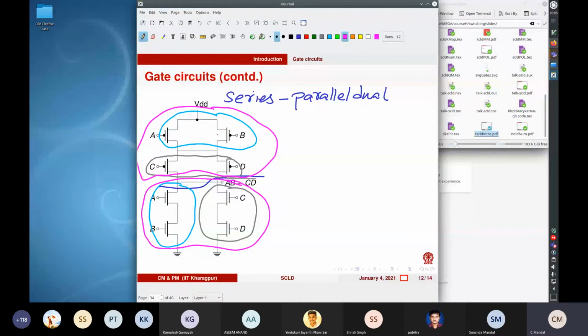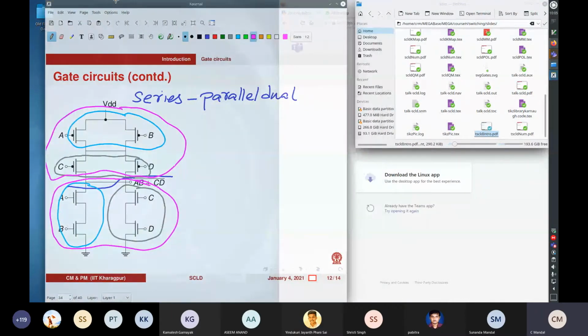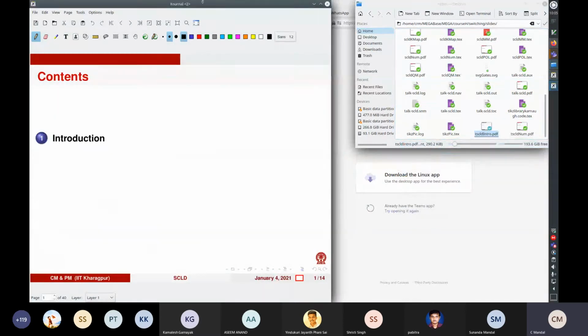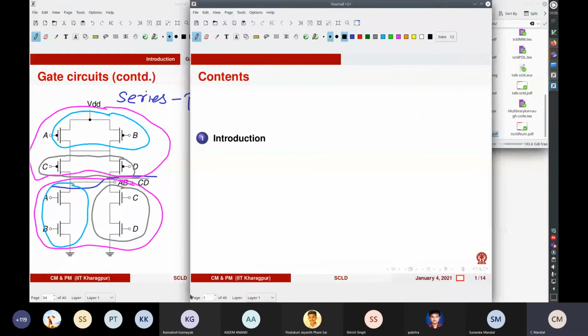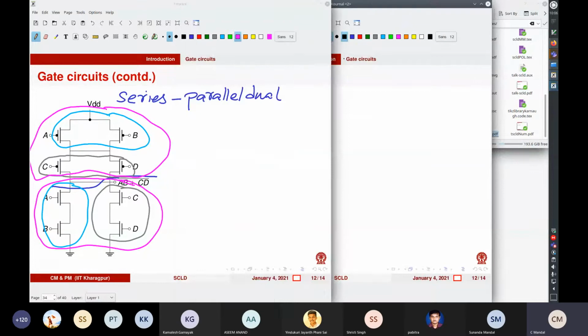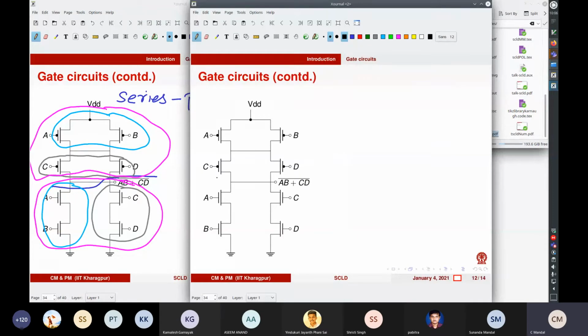All right, so what you can do is we can just leave this as it is, and let us just open another instance and let us see how it works. So as usual, we'll follow the same method that we followed yesterday.